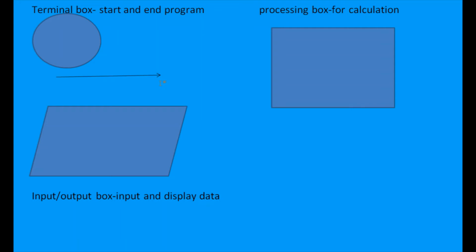So this is called a flow line, which lets you connect the flowchart symbols. Like you are in the terminal box right now, and you want to go to the processing box. That is what the flow line does.